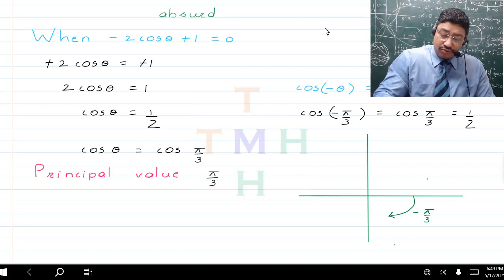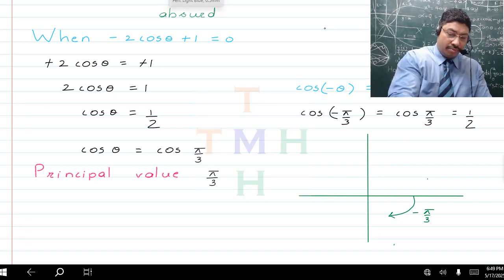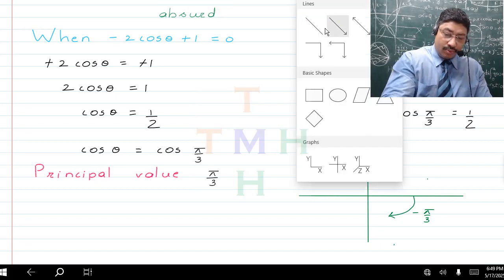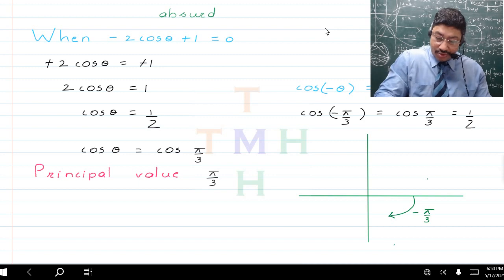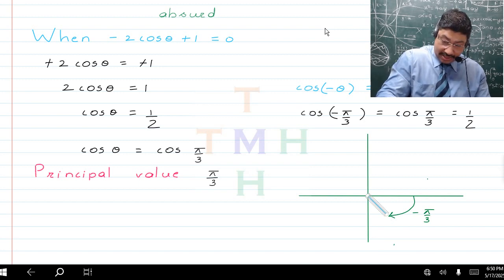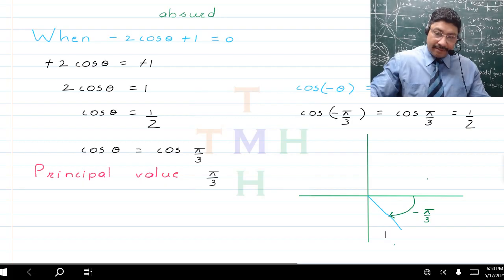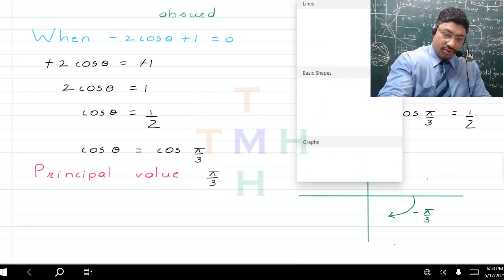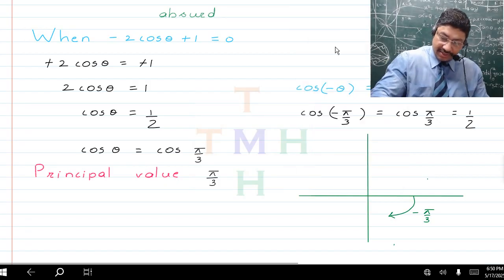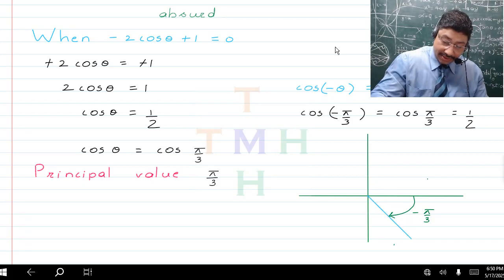So if you try and approach this, we can say that this corresponds to an angle which can be written something like this. Okay, so let me draw that straight line again. So if we talk about this straight line, it is going to be something like this.